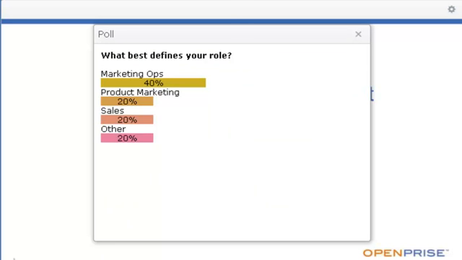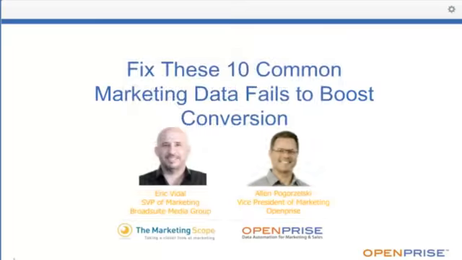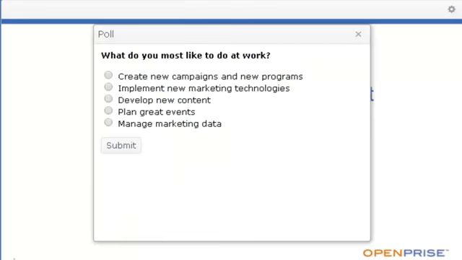Sure can. I'm going to pose question number 2. And question number 2 is, what do you most like to do at work? And that's besides karaoke and other things. But what do you most like to do at work?